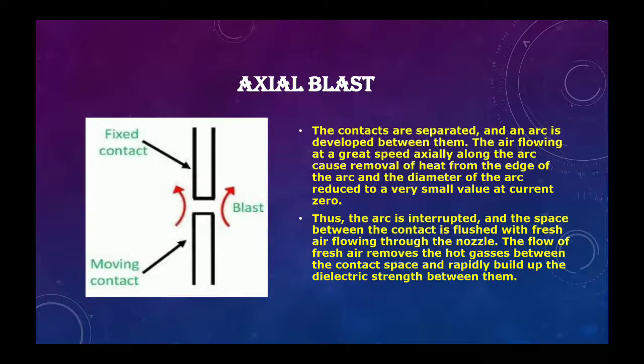The flow of fresh air removes the hot gases, or you can say the ionized gases, from the contact space, and rapidly builds up the dielectric strength between the two contacts, that means between the fixed contact and the moving contact. That is the axial blast type air blast circuit breaker.